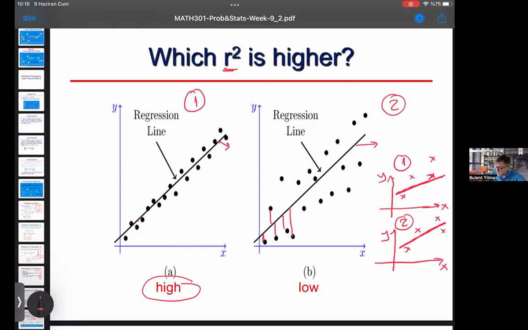Let's say this is R1 squared, this is R2 squared. Which one is higher? Which one is close to 1, arkadaşlar? Second is close to 1, right? The second one is higher than the first one because my regression line is much closer to the data points and my errors are smaller.